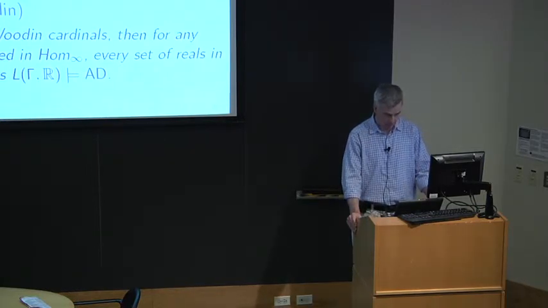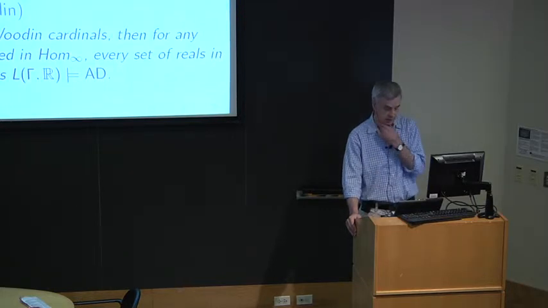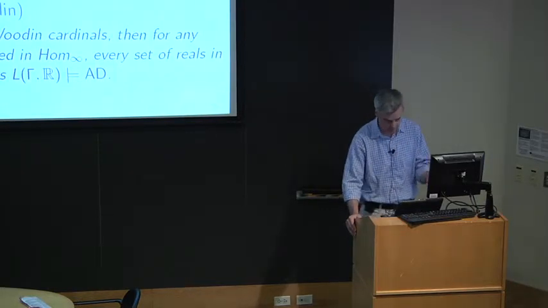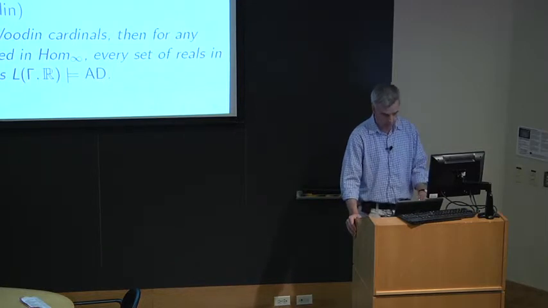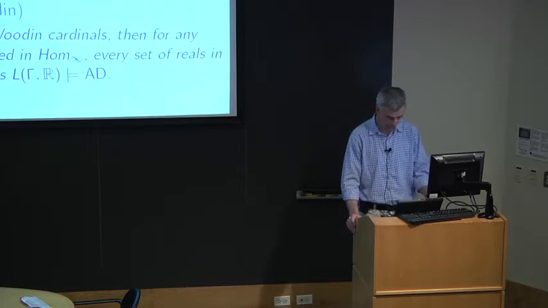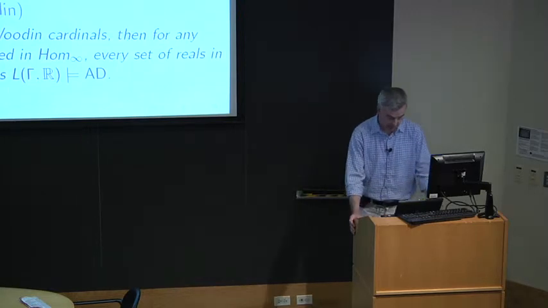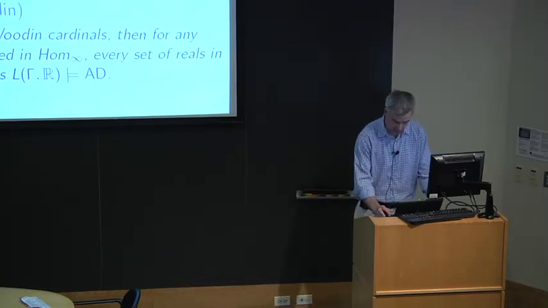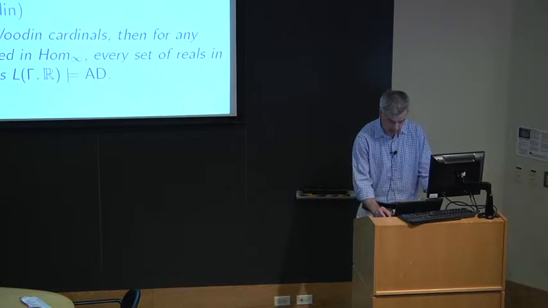Okay, what sets are Hom infinity? Well, if there are arbitrarily large Woodin cardinals, then there are lots of Hom infinity sets. For any point class gamma, a collection of sets of reals, or subsets of omega to the omega, which is closed under continuous preimages, and properly contained in Hom infinity, every set of reals in L of gamma and R is Hom infinity, and therefore L of gamma and R satisfies the full axiom of determinacy.